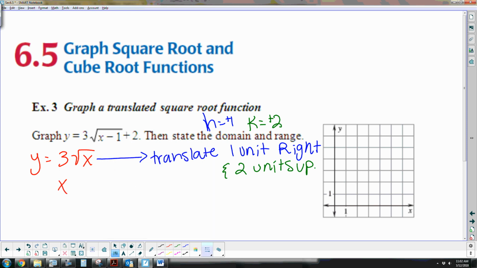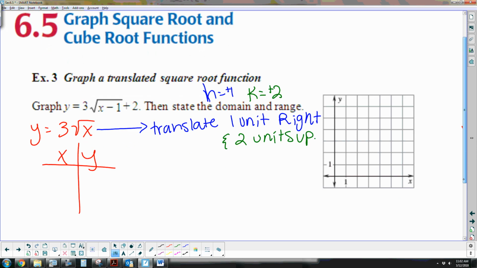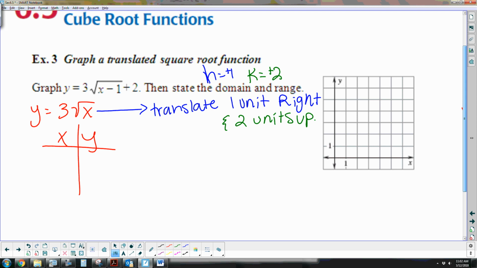So let's make a table of 3 times the square root of x, and we'll graph that. But first, let's think about what our domain is. We can't take the square root of a negative number, so our x values have to be greater than or equal to 0.